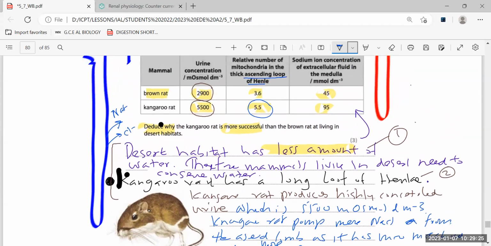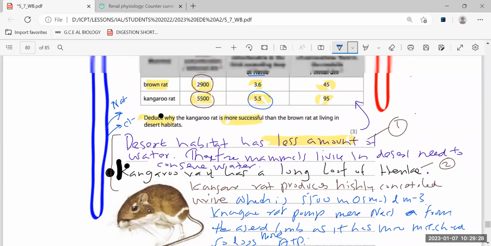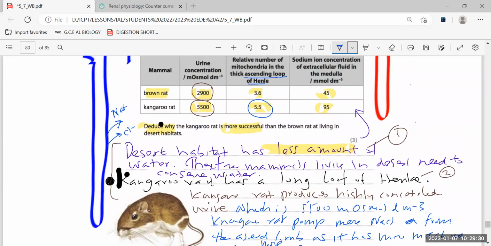More ATP. So now we also address the brown rat, and the kangaroo rat is better because it has more ATP.